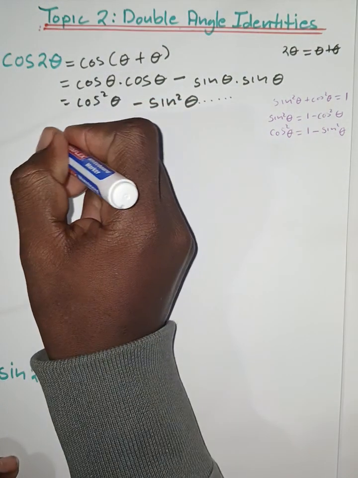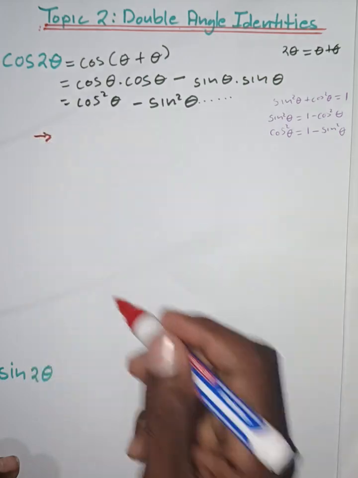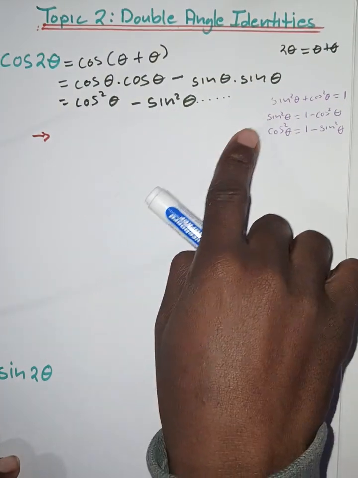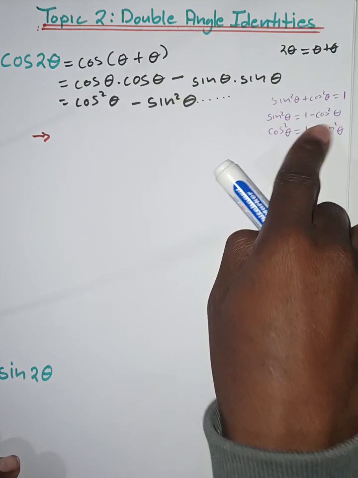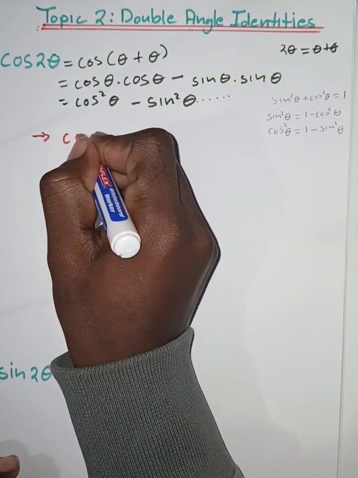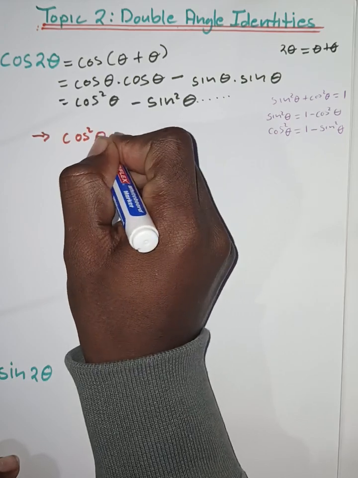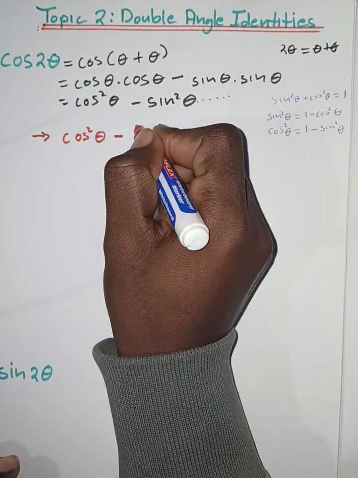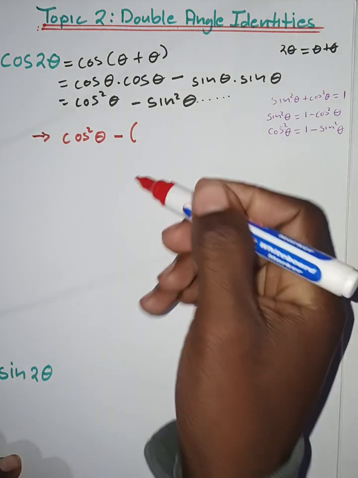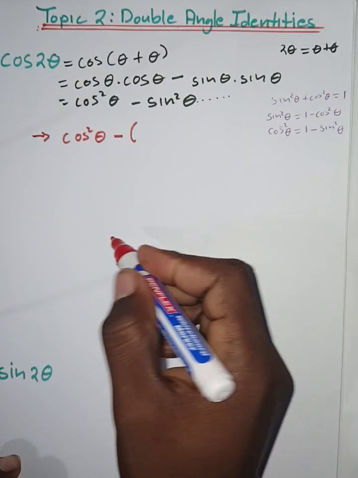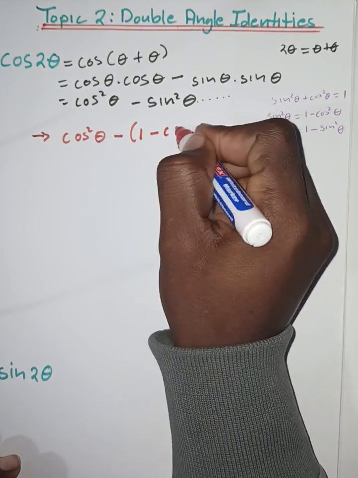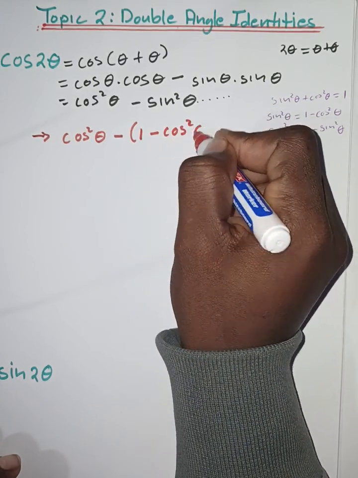From this step, I'm going to replace that sine squared theta with 1 minus cos squared theta. In this case, this will become cos squared of theta minus, now you must put it in brackets, of course. If you don't, it might cause some problems along the way. So that will become 1 minus cos squared of theta.